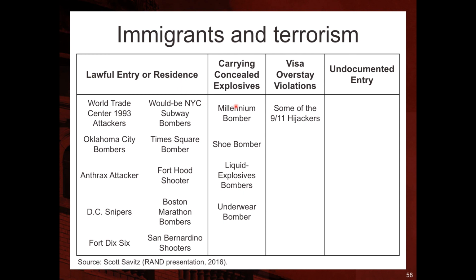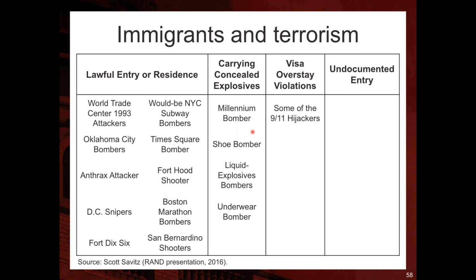And these attacks here were attempted by people who were carrying concealed explosives on their plane. So these are examples of people entering the US by airplane, carrying concealed explosives, but exactly because they were coming in airplanes, they had a visa to enter the US through their flights. So they were immigrants coming with their visa, but they were documented.